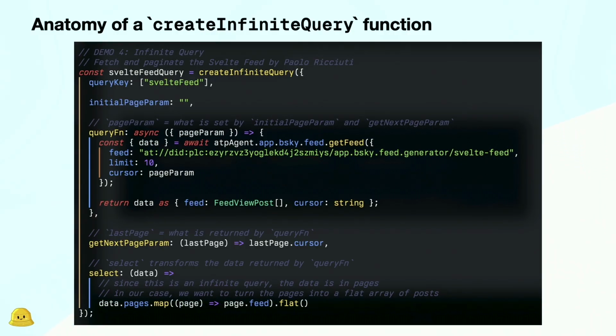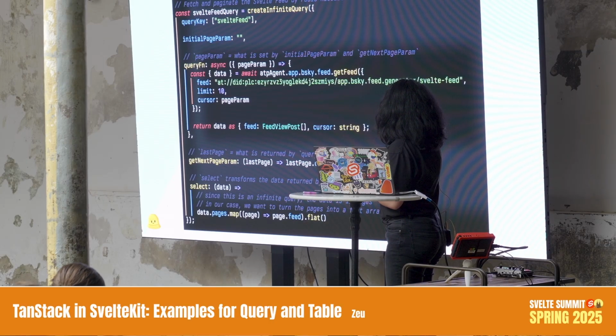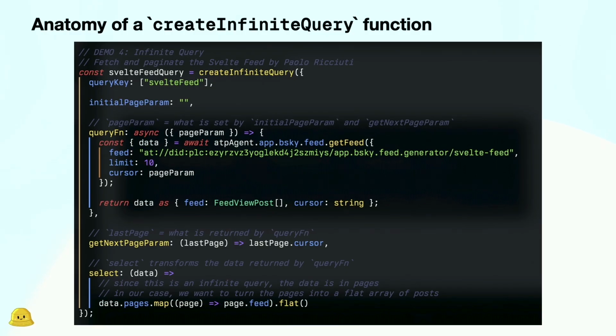And in our case here, we are fetching the Svelte feed by Paolo. And since it's a feed, we want to paginate through the data. So we get the feed, and AT Protocol has it so that you have a cursor parameter that you could add into the actual query to make sure that you're fetching the next row of data.